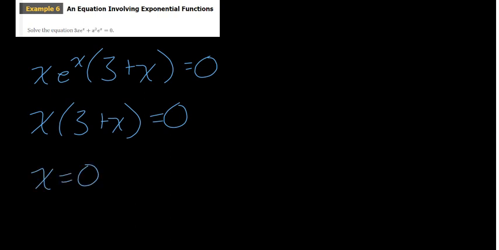Hopefully that's pretty easy, right? If we divide both sides by e to the x, we're just going to end up with a simple problem like this, and then it gets pretty easy from there. The solutions are x equal to 0 and x equal to negative 3, and that's it. Pretty easy stuff. That doesn't take up much time or space, did it? We just have to recall what we've done before. That's really it.